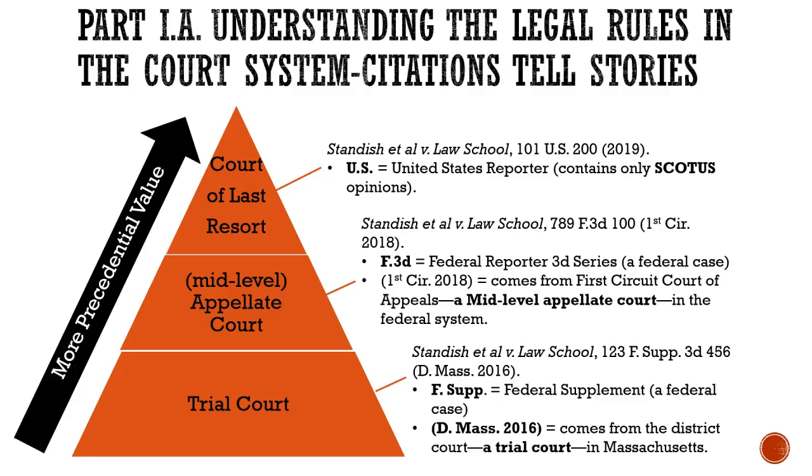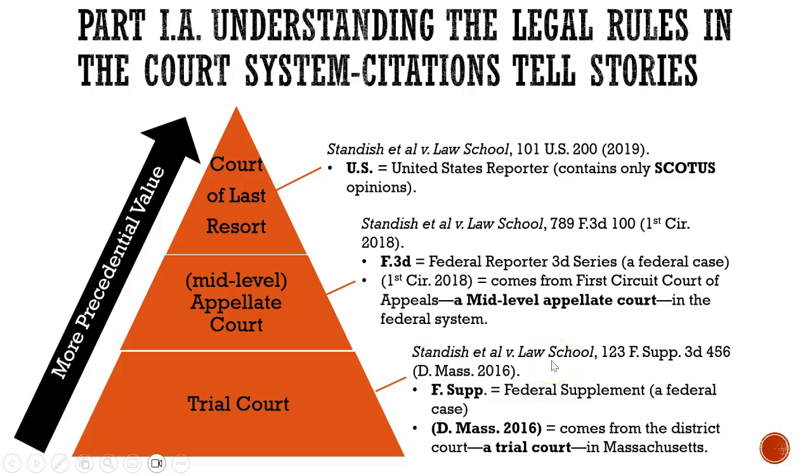Now, the other thing about our court system is we have citations to case law and other rules of law. And so this is an example of how the cites to a case tell a story. If we come down to the last in the trial court, this same case, Standish v.